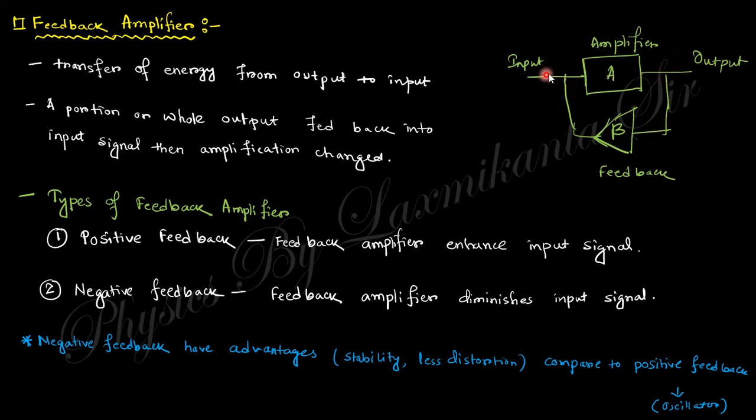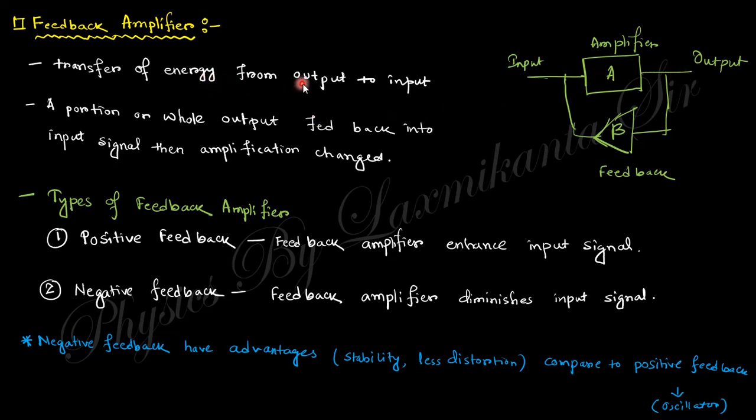In this way you can amplify the output with a small input. With the help of the feedback amplifier you can recycle this output, feed it into the input, and the final output will be larger. So this is the motive for the feedback amplifier.